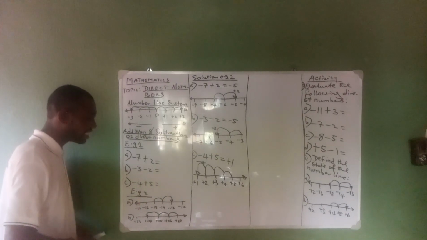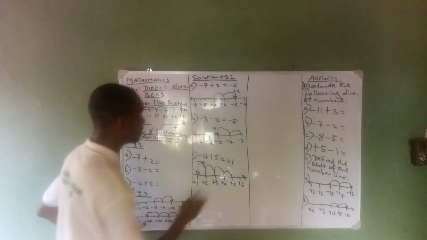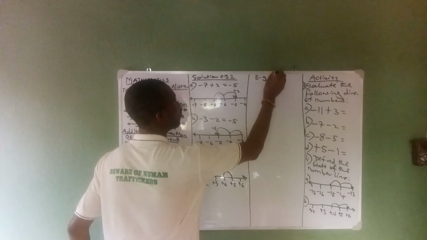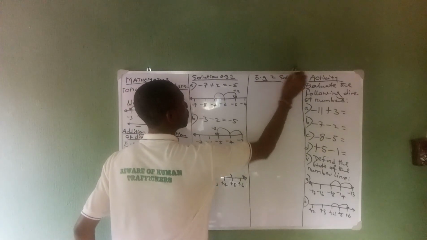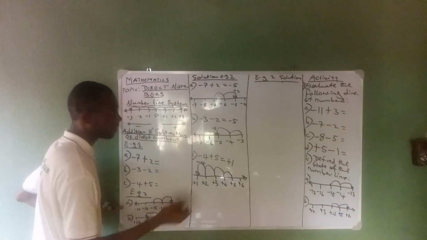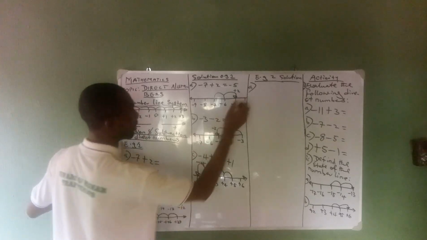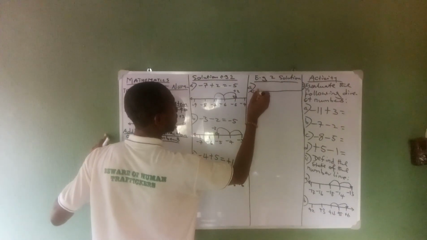Now, how do we define the state of number line when it comes to direct numbers? Having this as example, let us consider the A. The A, we have it in this manner.